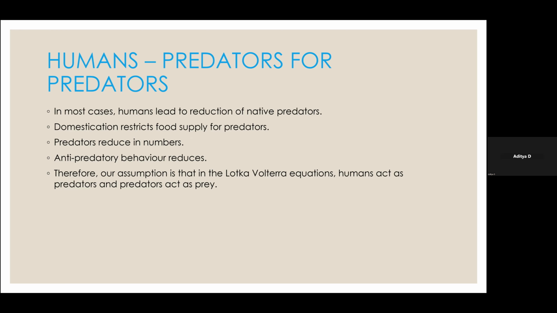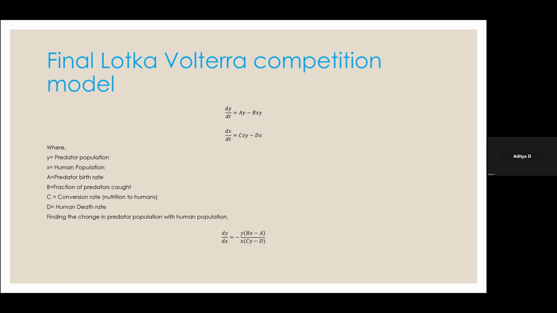Because of this, anti-predatory behavior in domesticated animals also decreases, which is the main focus of our research. Therefore, our assumption implies that in the Lotka-Volterra equations, humans act as predators and predators act as prey. So we made the necessary replacements in the interspecific competition model, and these are the equations we came up with.